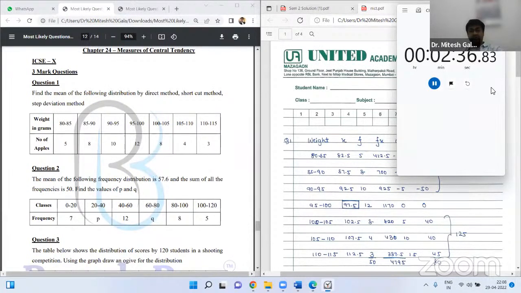These sums will take some time. Maximum weightage, as I told you, this chapter.